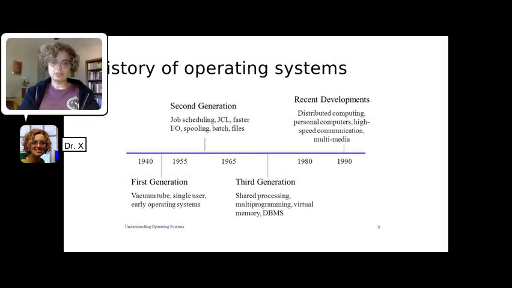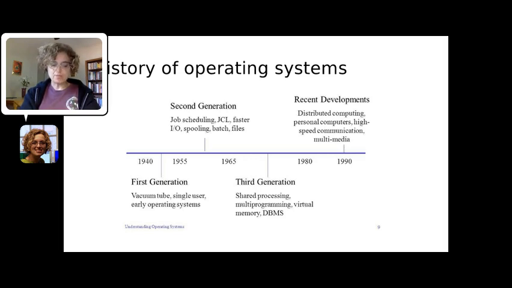Learning about the history of operating systems briefly will help us understand how they were developed and how their security mechanisms were also integrated. So operating systems started as single user. That was a time when there was not much hardware to be controlled, like keyboards and mice.